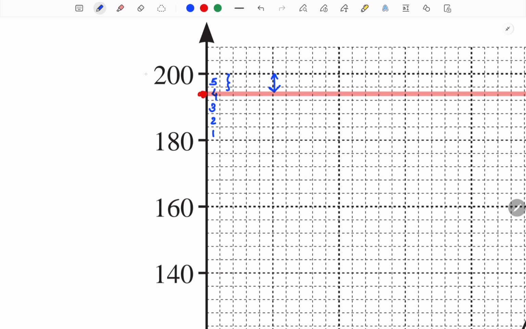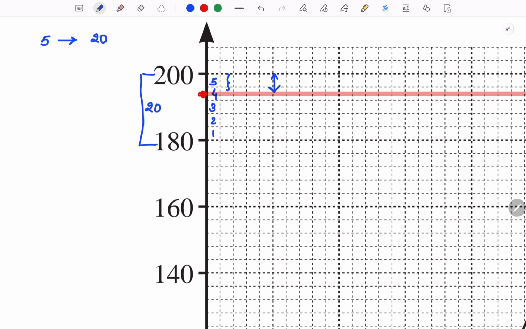Here the gap between 200 and 180 is 20, right? And there are 5 blocks. You can see 1, 2, 3, 4 and 5 blocks. So we have to understand that these 5 blocks are sharing these 20 students.